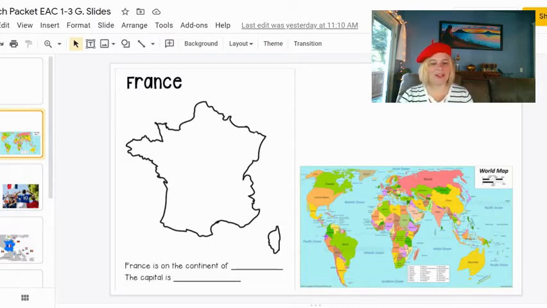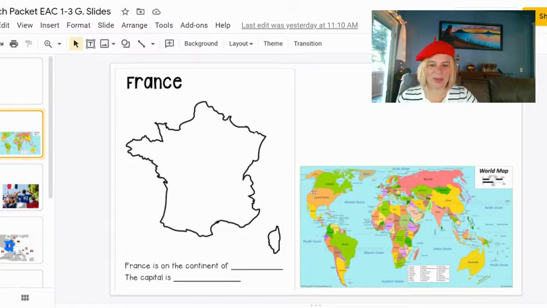Okay, so in your packet, you should see what's on the left side of the screen there. It says France. It's got the shape of the country there. And then it's got a couple of fill in the blanks down below. So I added a map in here to kind of show you. When we're looking at the world, here we are over in the United States, over in the continent of North America, right?